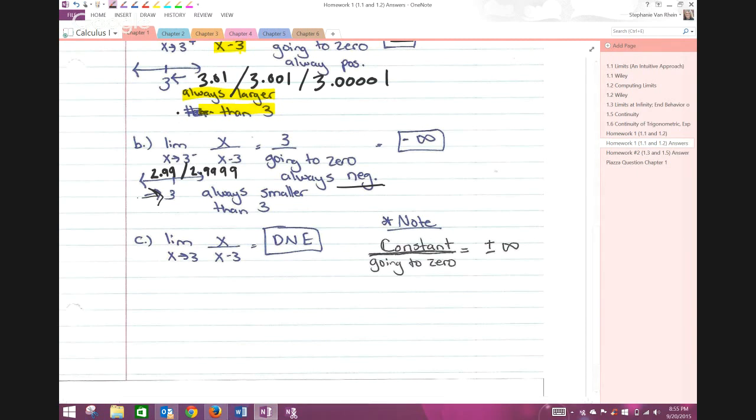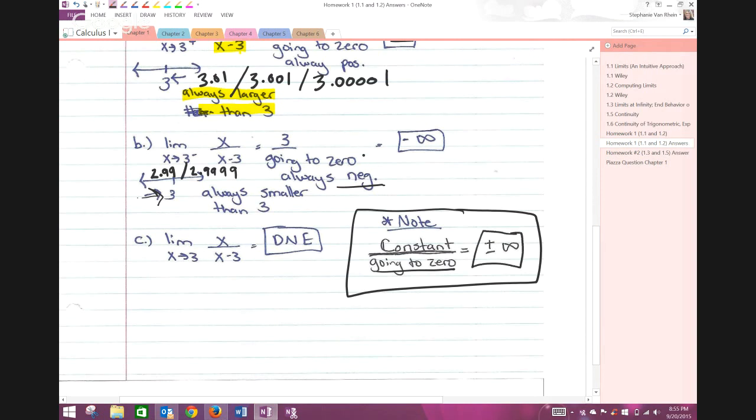This is the note here: a constant divided by something going to 0 is plus or minus infinity, depending on whether the constant is negative or the denominator is always negative.